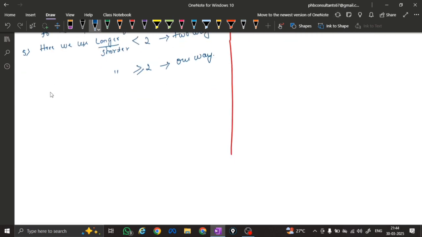It means here we are using distance as criteria for its stiffness.